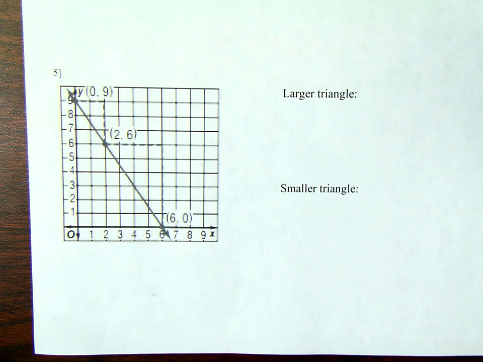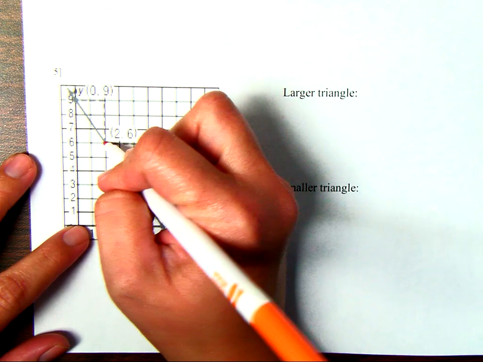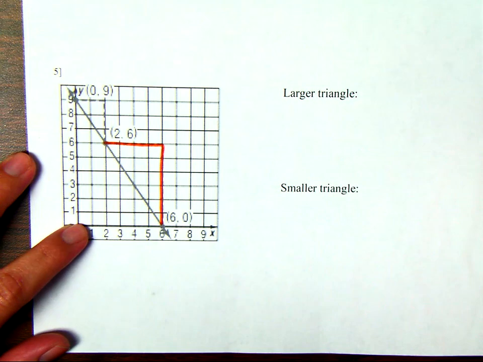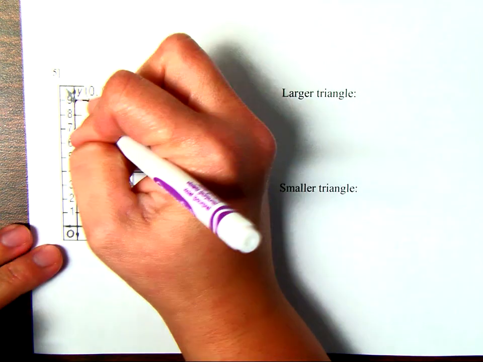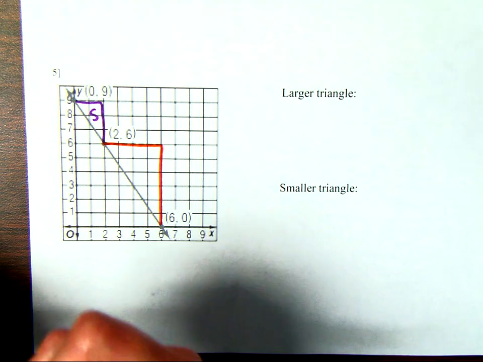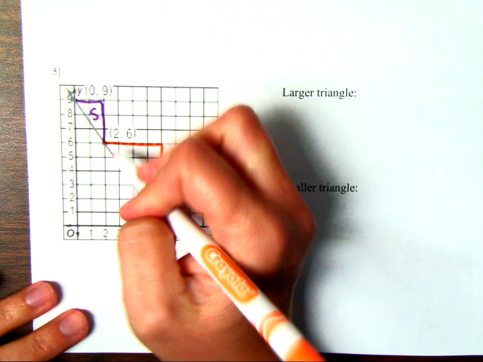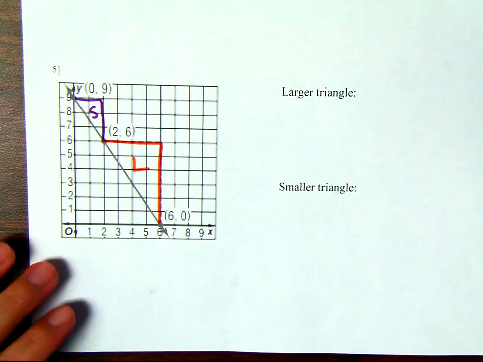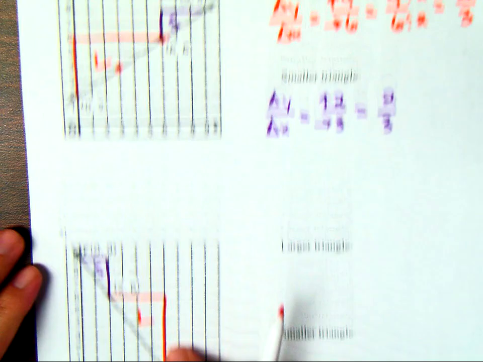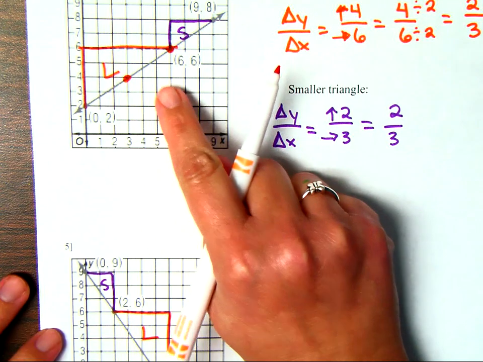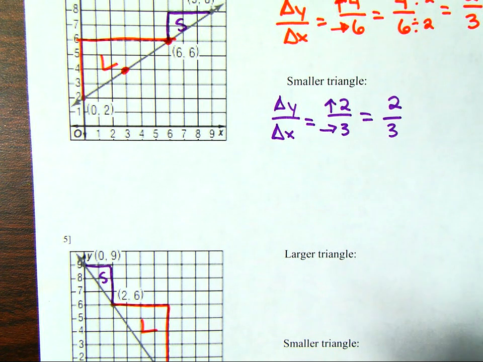All right, so my larger triangle right here, they did above my line, and the smaller triangle, they also did above the line. Again, it doesn't matter which way you do your triangle, either above the line or below the line. You just have to be careful with your numbers, okay?